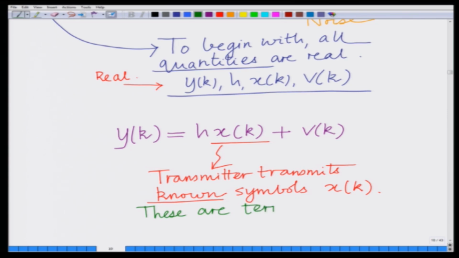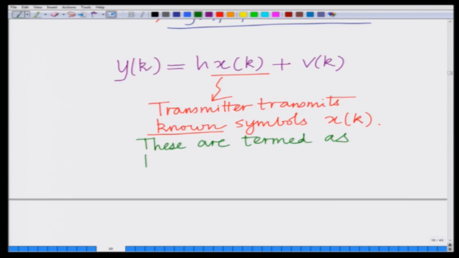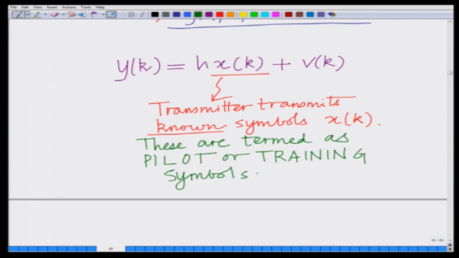These are not information bearing symbols. These are pilot or training symbols which are exclusively meant for channel estimation.